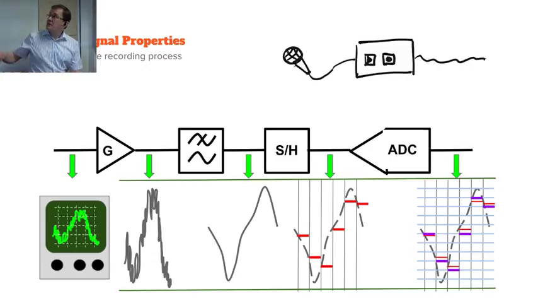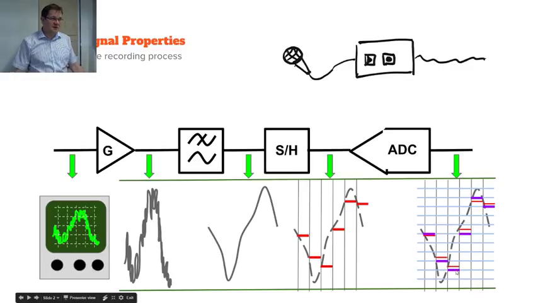So basically, it could be something like that. Those purple lines here represent the levels. G is gain, amplification. Okay. So after that, you have a digital or digitized signal.